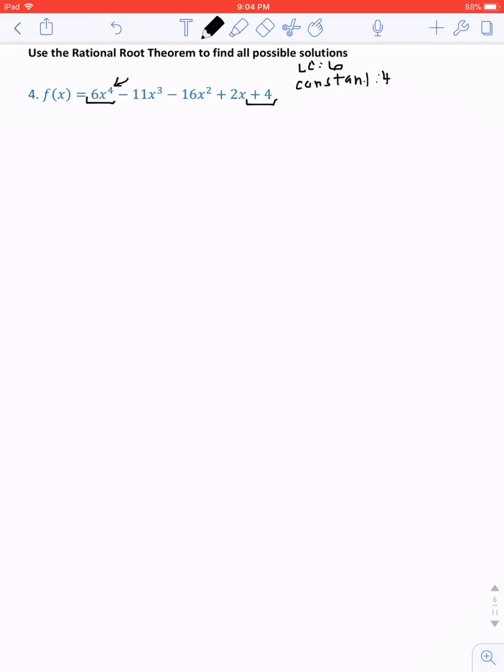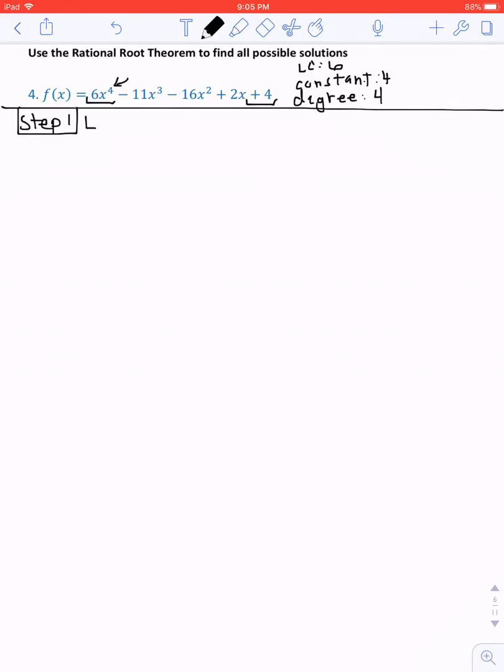Is 4, that's constant, and your degree is also 4. All right, the whole point of the degree is it tells you how many zeros you should end with at the end of your process. So it kind of tells you when you're done.